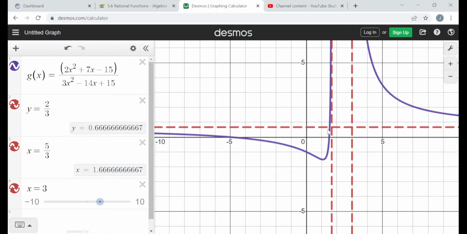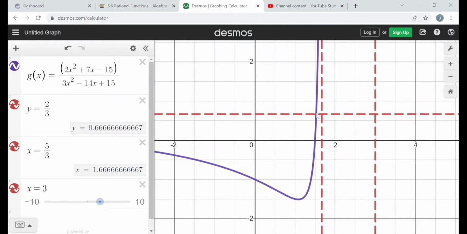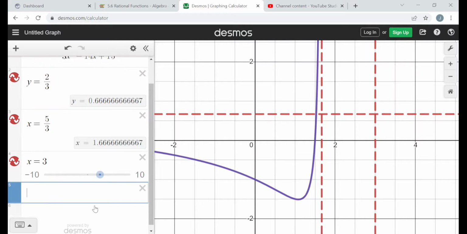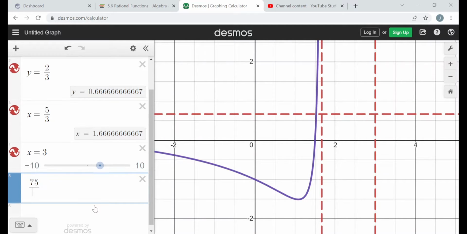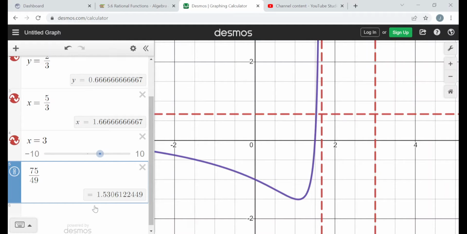And you can see the graph approaches positive infinity, goes up forever to the left of 5/3. And look at this point here. That's at 1.531, 2/3. 1.531 is the 75/49ths. If I calculate 75/49ths, I see 1.5306, 1.531 when rounded to 3 decimal places.